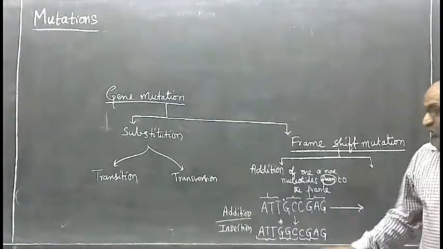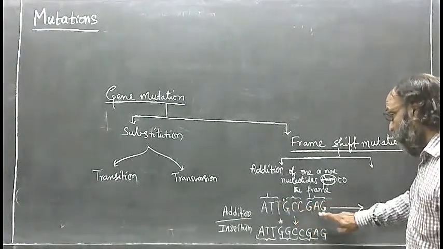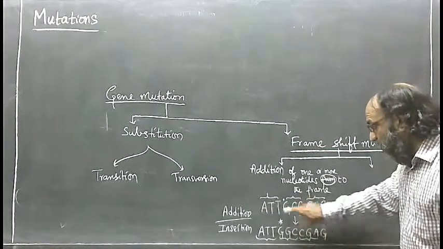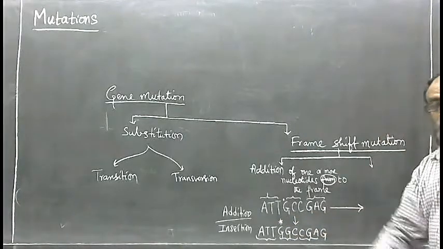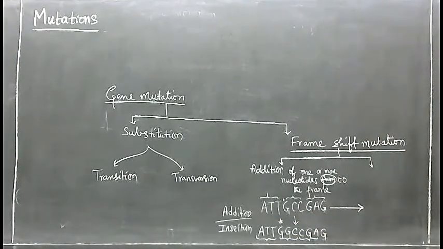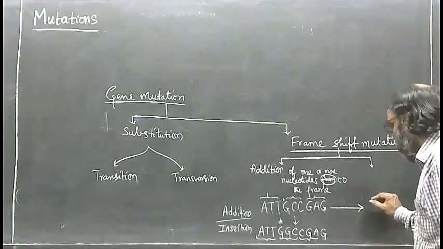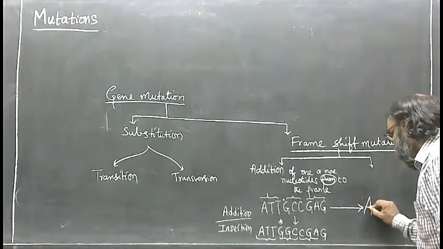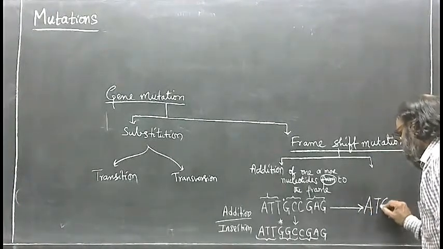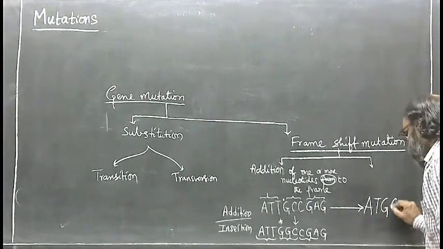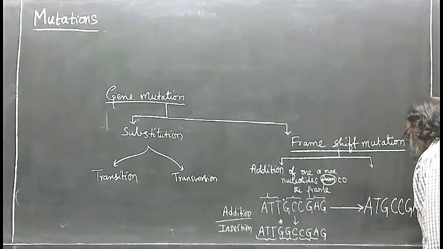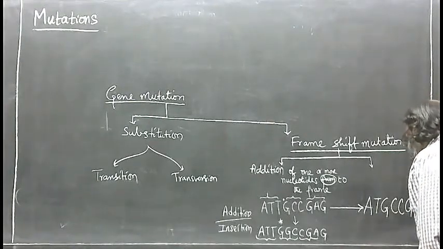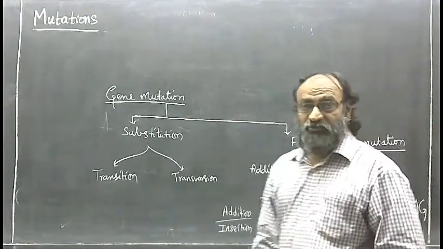Now, this is the frame that we have, that is ATT, GCC, GAG frame. Now, it has undergone mutation and resulted in AT, G, CC, G, A. Now let us examine this.